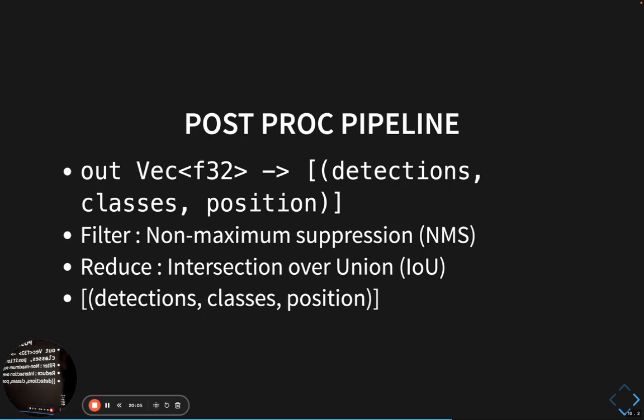In terms of the post-processing pipeline, you need to apply a non-maximal suppression to your outputs, specifically for YOLO V8 and, I would imagine, other object detection models as well, and then a reduce. So in this case, an intersection over union. I'm going to go through what all of these things mean. And then you're left basically with all of your detections, your classes, and the positions in the image.